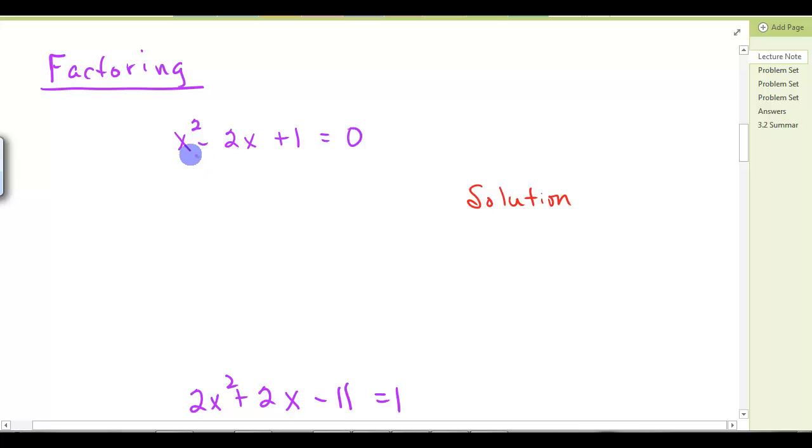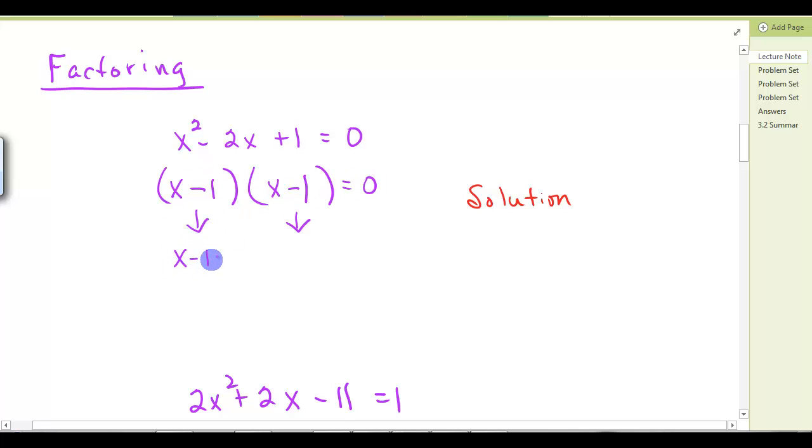So when we're doing this one, we want to think about what are the factors of 1. Well, that one's pretty easy. That's a 1 and a 1. And is it going to be positive or negative? Well, to get a positive here, they've either both got to be positive or both negative. But we need a negative in the middle. So we know we're going to have this. And then each of those small expressions gets set equal to 0.